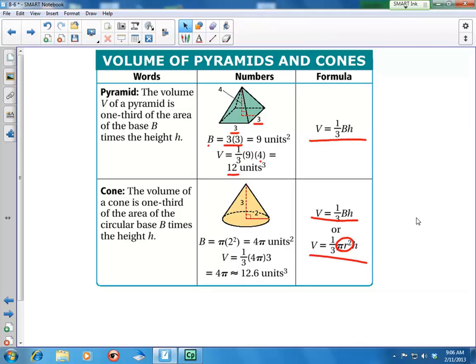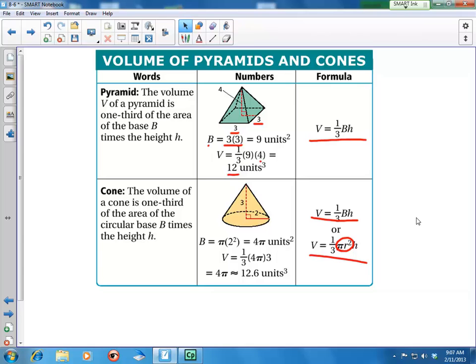So they take our radius, which is 2 to the second power, times 3.14, and then times our height, which is 3. They went ahead and left pi as pi, and then they multiplied it out, where we end up with 12.6 units cubed, feet cubed or meters cubed, or whatever the units are. But that's how we solve those.